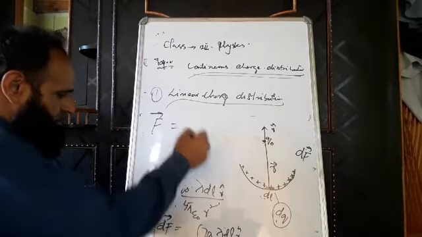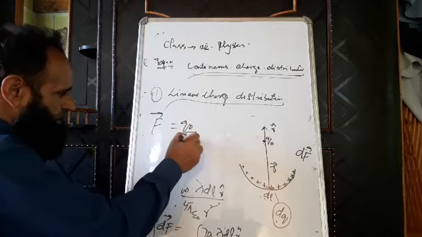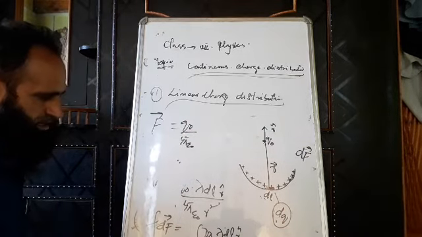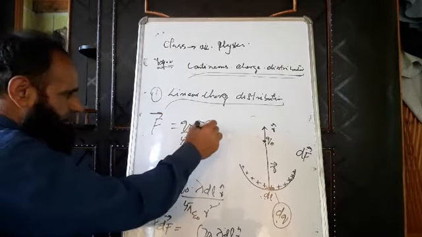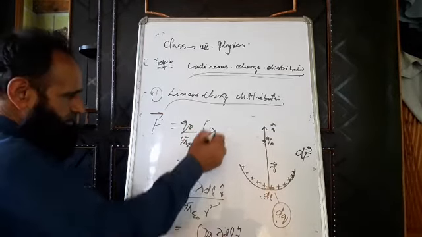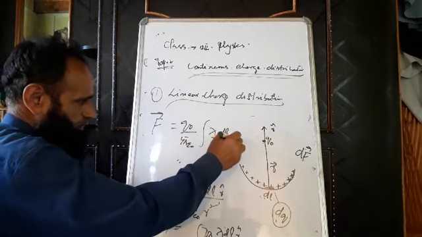We may put q naught over 4 pi epsilon naught outside, and in other words, the integral of lambda dl divided by r square.